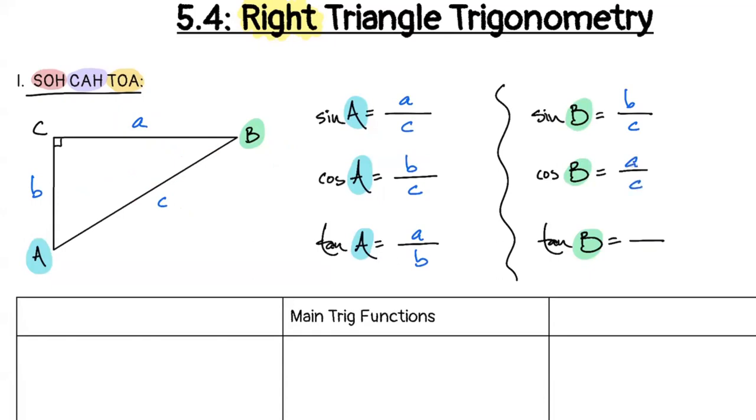And then tangent is going to be opposite, which is b, over the adjacent, which is a. Nice. Okay. Now, for those of you who have seen right triangle trig before, this is definitely a review. If you've never seen this before, we're going to dive more deeply into this, so don't feel too overwhelmed, okay?